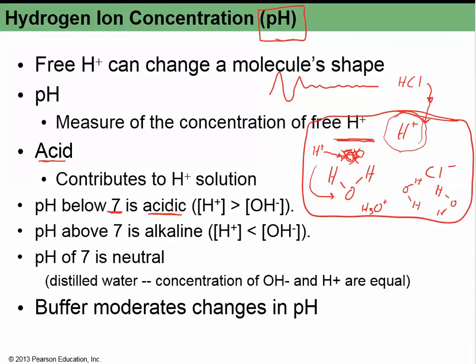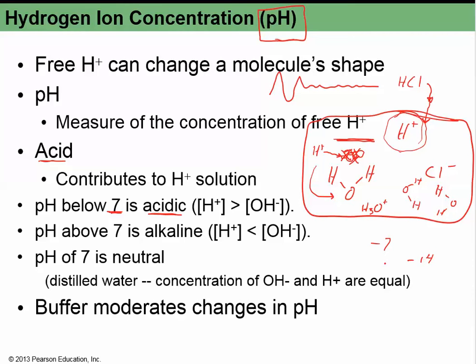Okay, so pH kind of tends to run a little bit backwards, and that's because it's a logarithmic scale, and that kind of thing, which you can look into. I'm not going to necessarily make you figure out the logarithm and the calculation for pH. But it's based on, so to the negative 7th to the negative 14th.